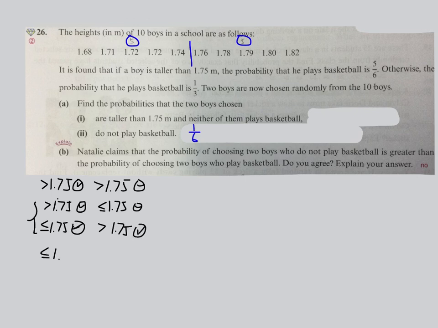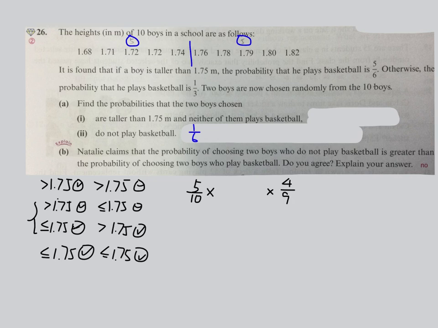Lastly, both are shorter than, and then both playing. This is the same pattern. So I just quickly write down 5 over 10 times 4 over 9 is the choosing, selecting.